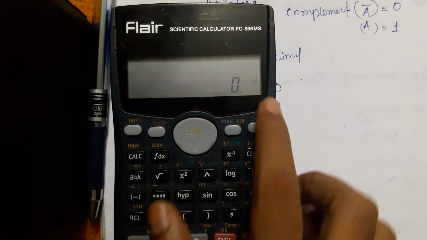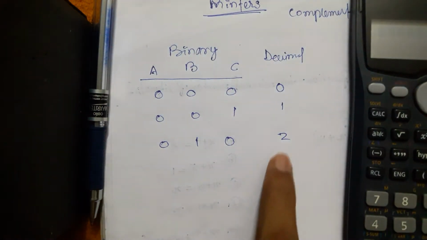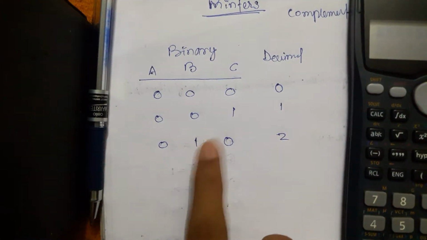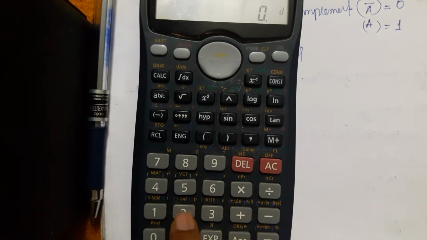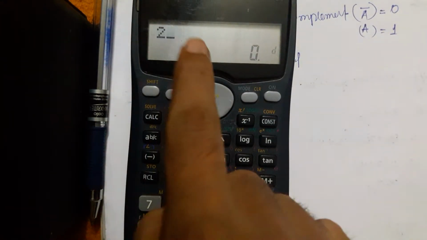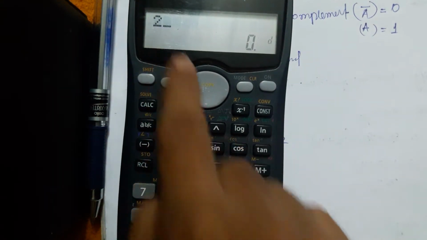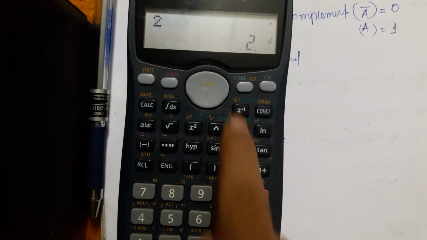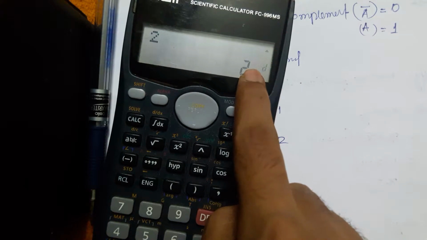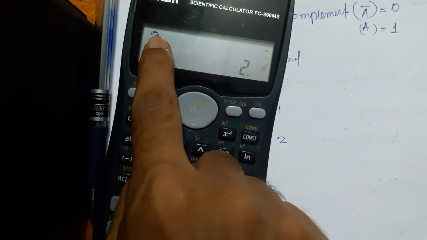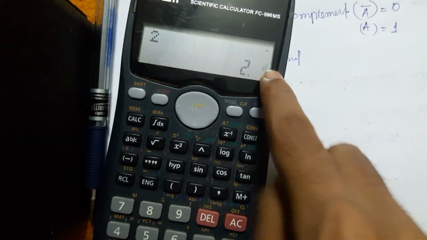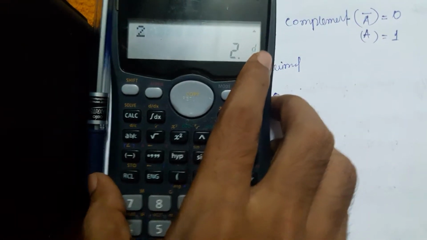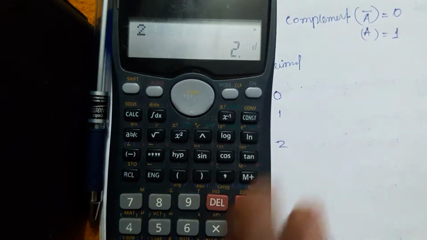Let's see how the number 2 is equivalent to 1 0. If I press 2 here and then press the OK button, the number 2 I typed is stored in decimal, but we are concerned with binary.